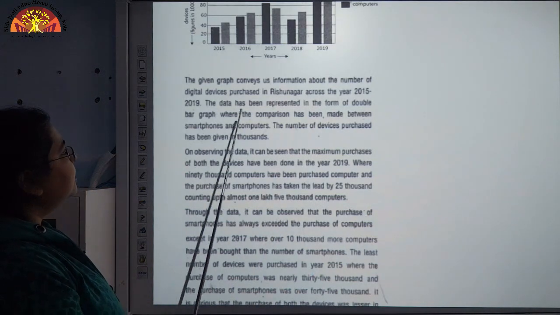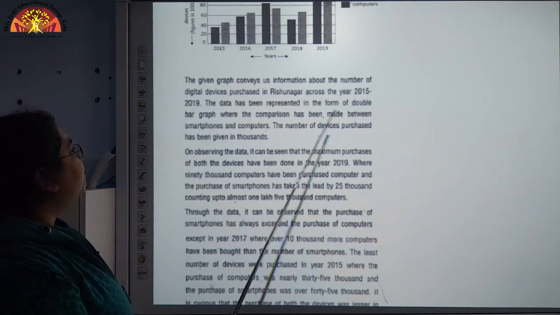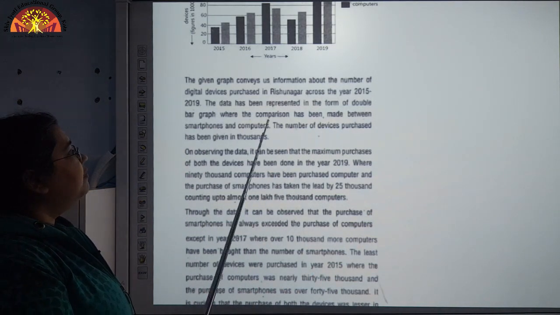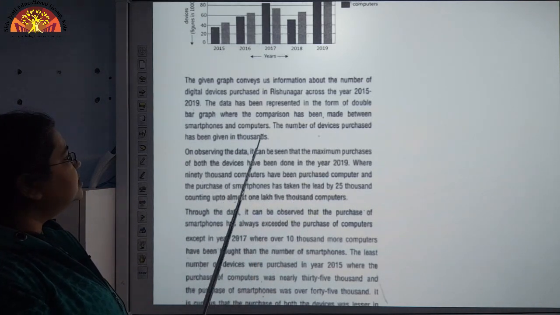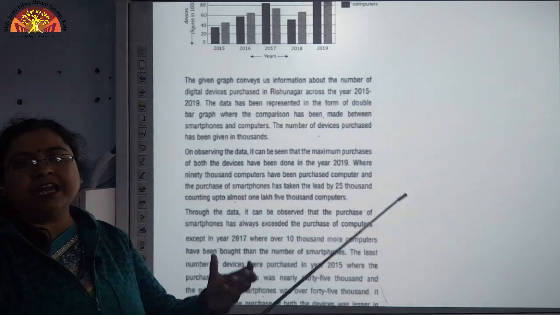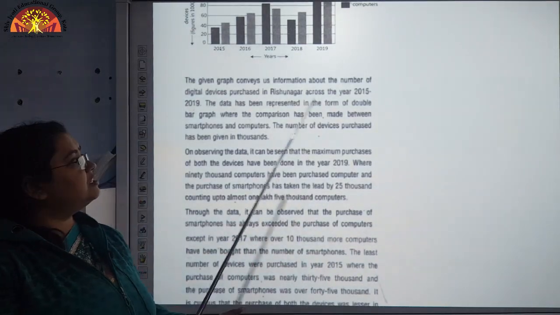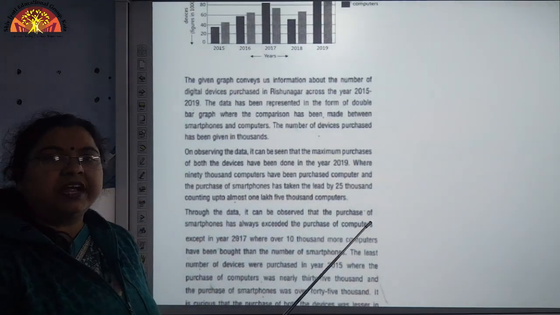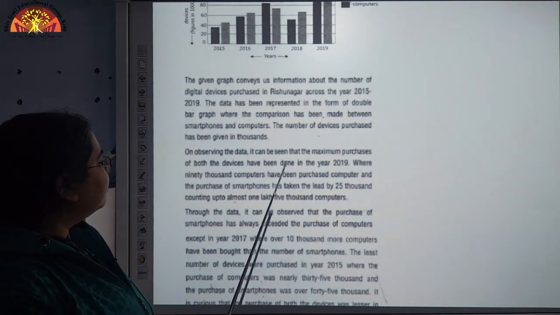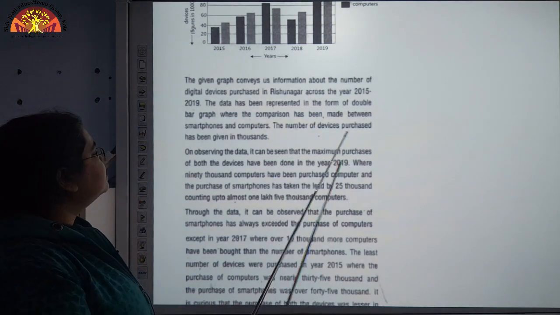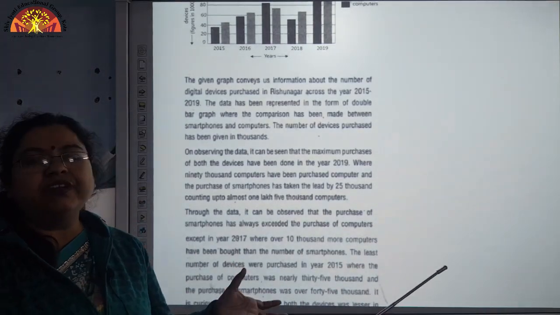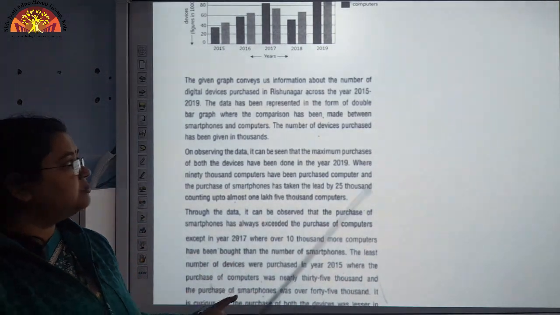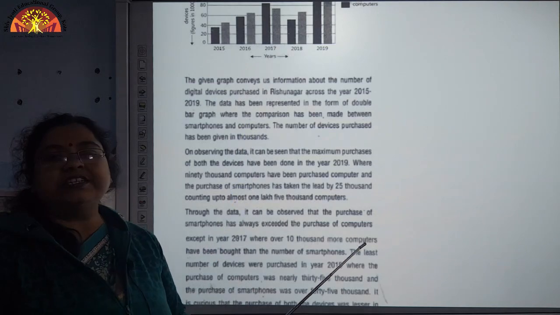The data has been represented in the form of a double bar graph, where the comparison has been made between smartphones and computers. So, this is the detail about the bar graph which is being given here, that we are describing in this paragraph. The number of devices purchased has been given in thousands.